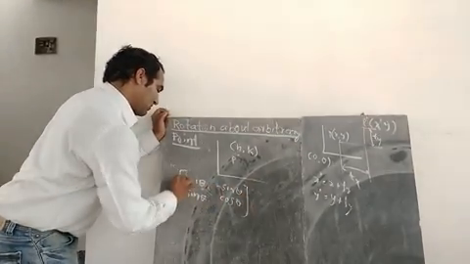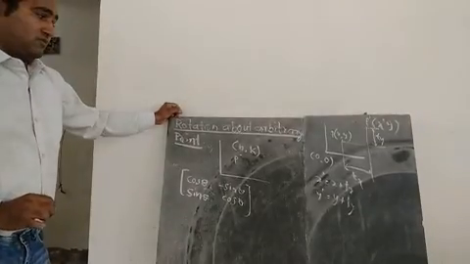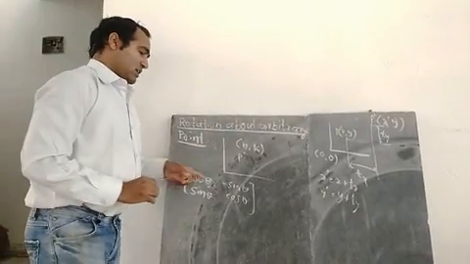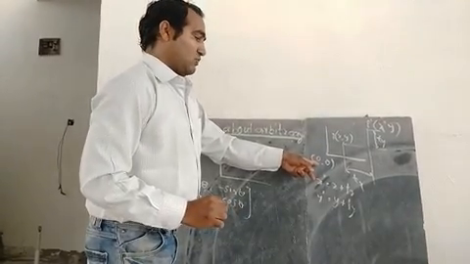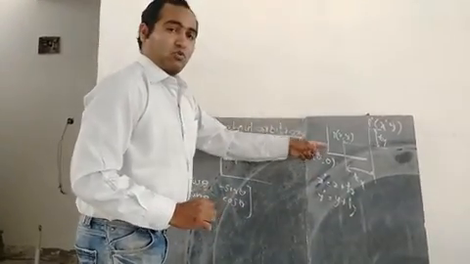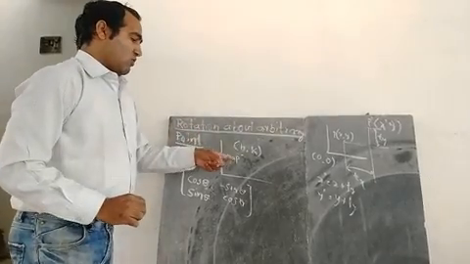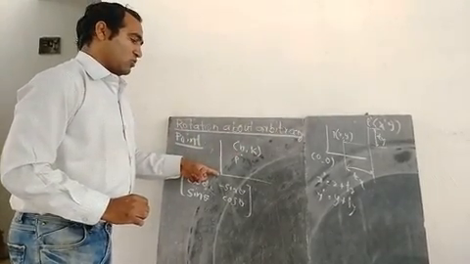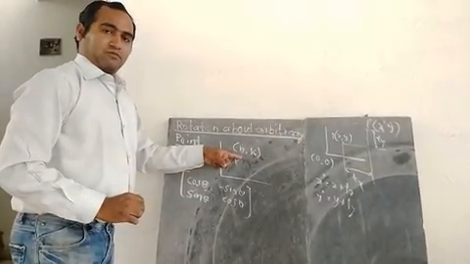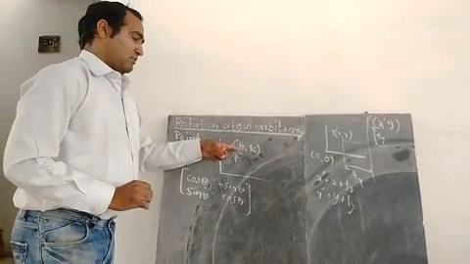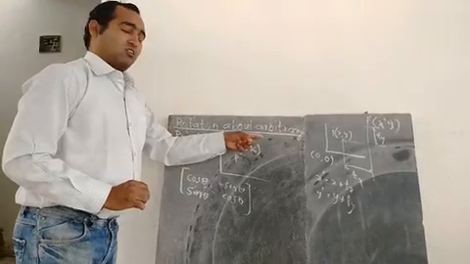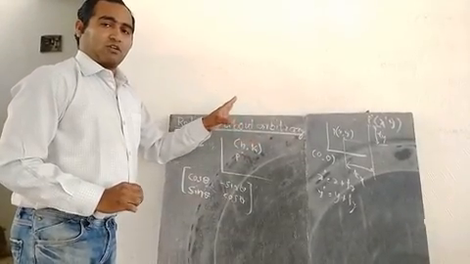This is the matrix for rotation. This matrix holds good only when the rotation is performed about the origin. But here I want to perform the rotation not about the origin but about this point. It can be any arbitrary point, it can have coordinates 2, 3, 4, 5.